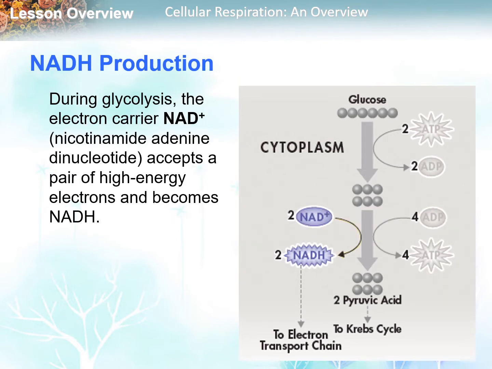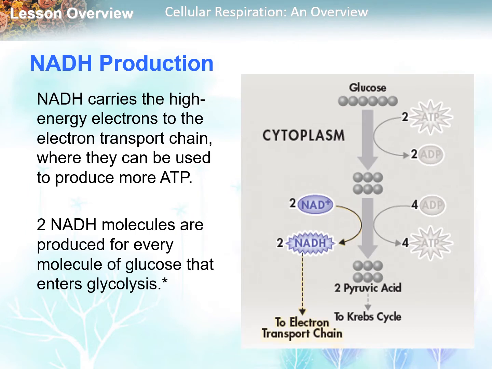During glycolysis, the electron carrier NAD, or nicotinamide adenine dinucleotide, accepts a pair of high energy electrons and becomes NADH. NADH carries the high energy electrons to the electron transport chain, where they can be used to produce more ATP.